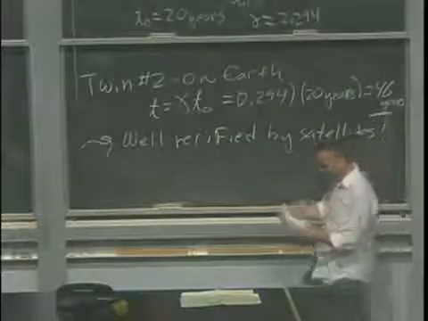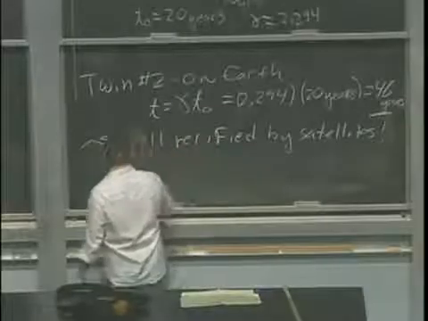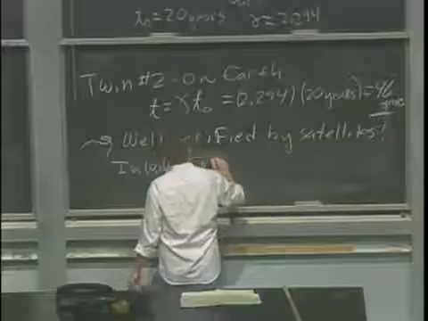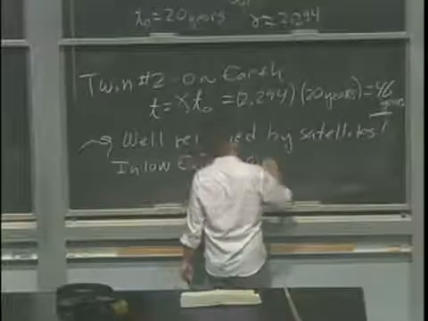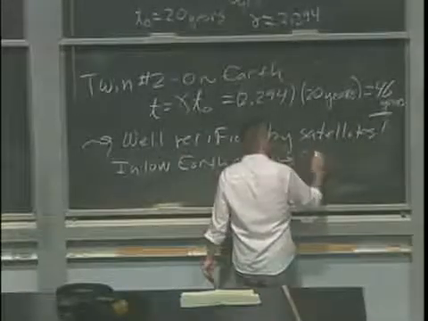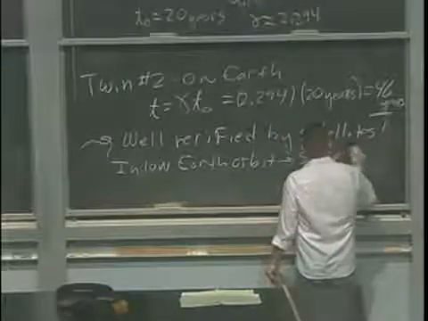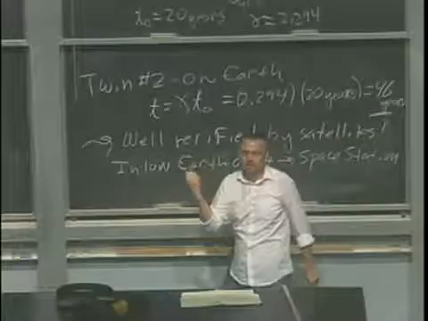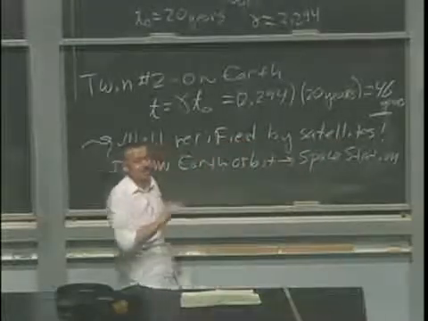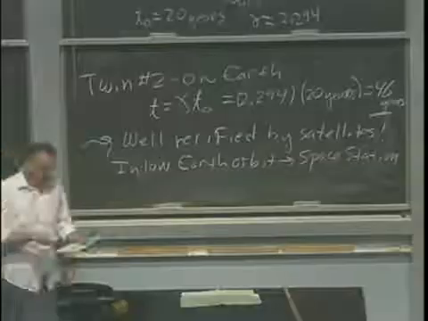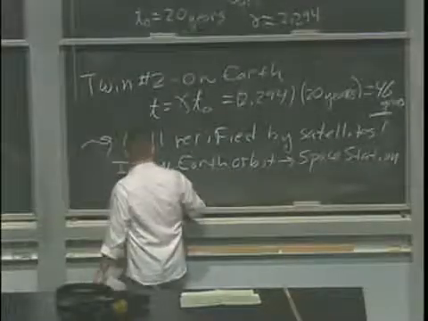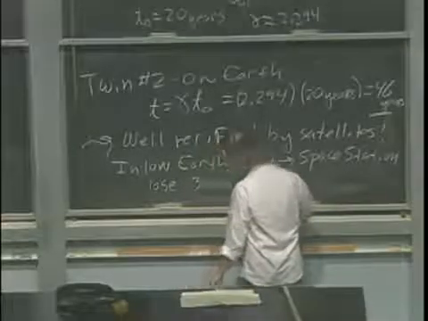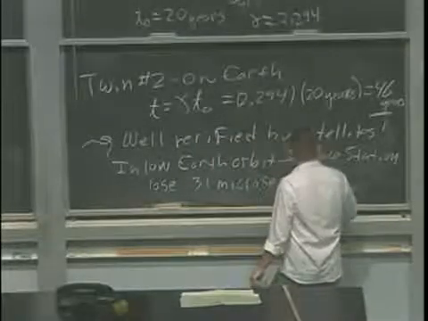And so for a satellite in low Earth orbit, like the space station, the clocks on the space station that the astronauts use lose 31 microseconds each day.